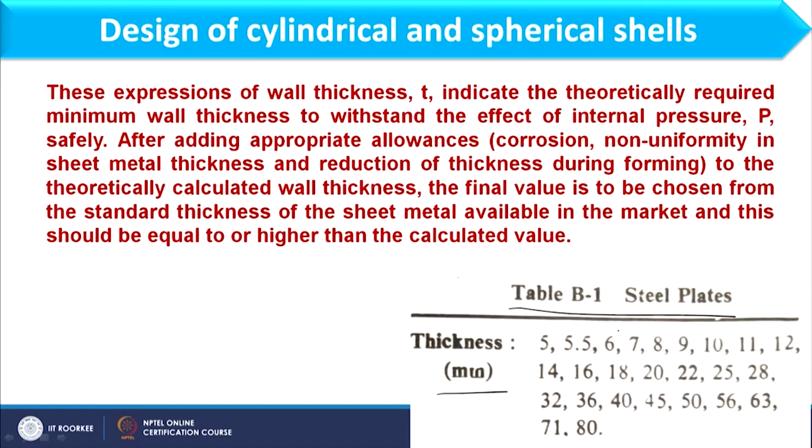So, let us say I have the value 6.2 for minimum thickness plus corrosion allowance. Then I will consider 7 as the standard thickness. This table B1 is available in the book by B.C. Bhattacharya, and you can refer to appendix B in that book. So, in that way we will calculate.